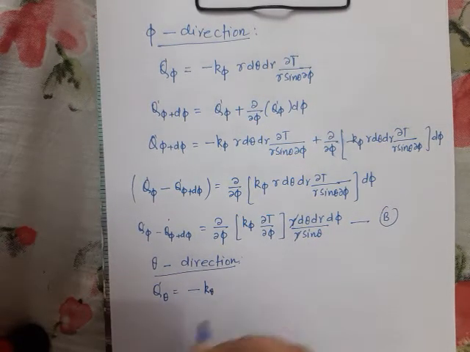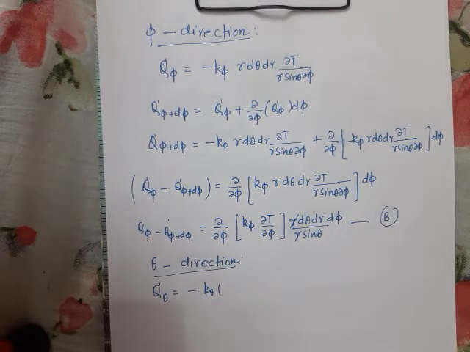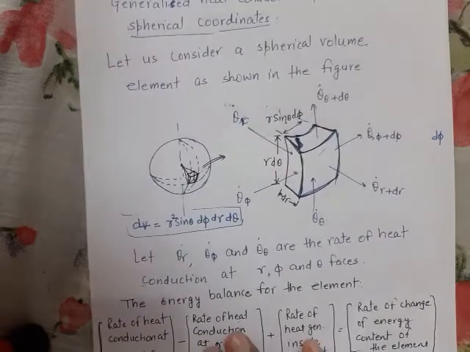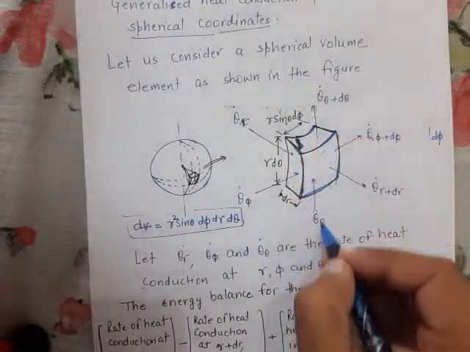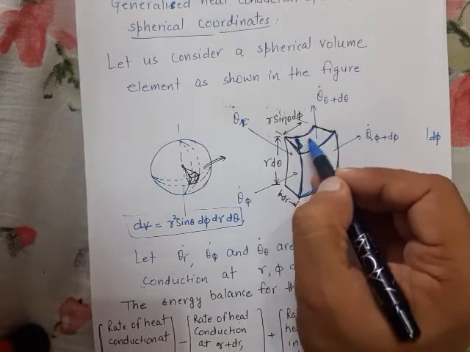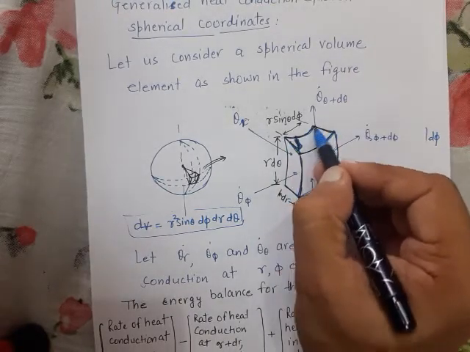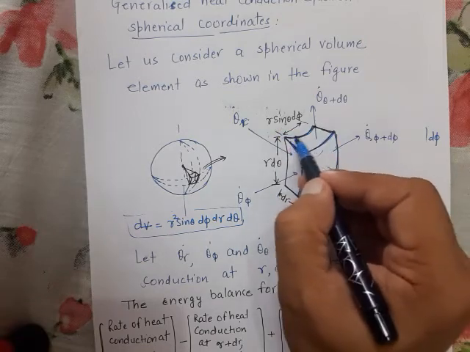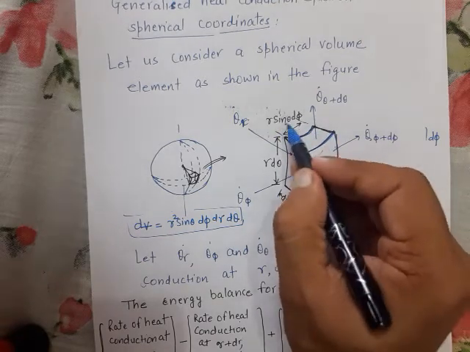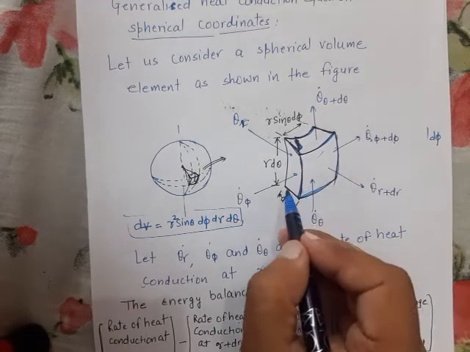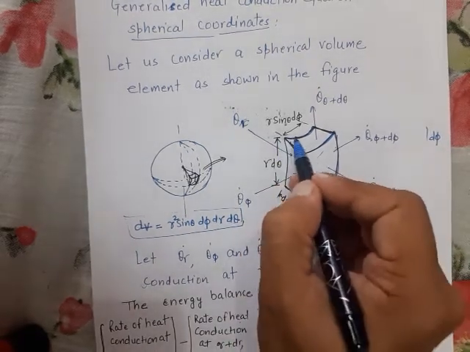minus k theta, area perpendicular to theta direction. This is your theta direction. So the area of this face you need to take now, and this area is r sin theta d phi dr. This is dr, this is r sin theta d phi.